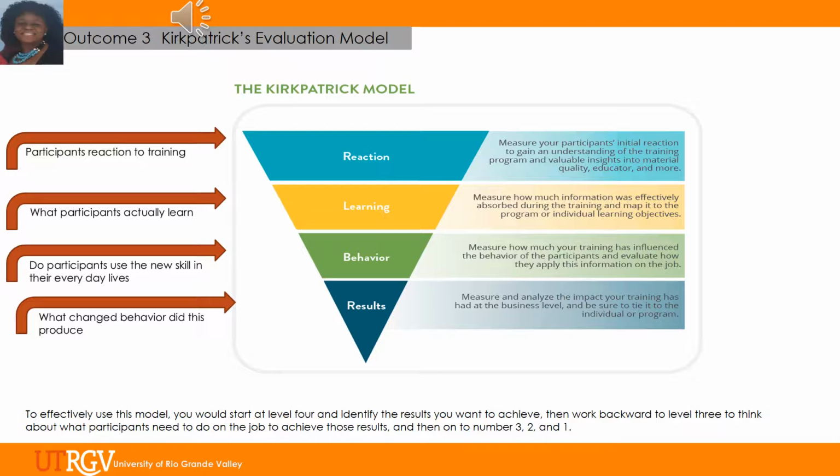And I will be presenting Kirkpatrick's four-level evaluation model to you today. Before we get started, we're going to address 7 of the outcomes for today's presentation. One is to introduce Donald Kirkpatrick, who's the developer of Kirkpatrick's four-level evaluation model. Discuss the performance of the evaluation model.